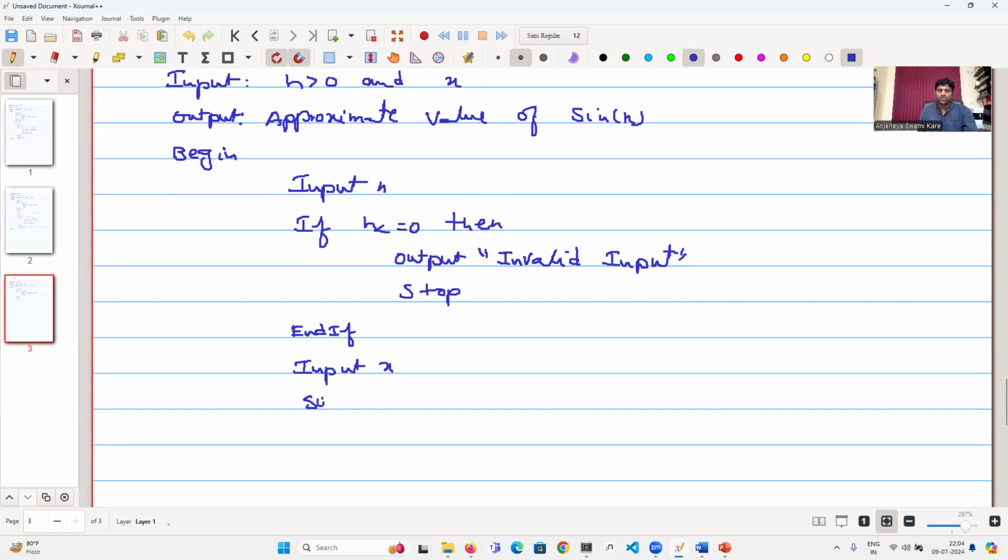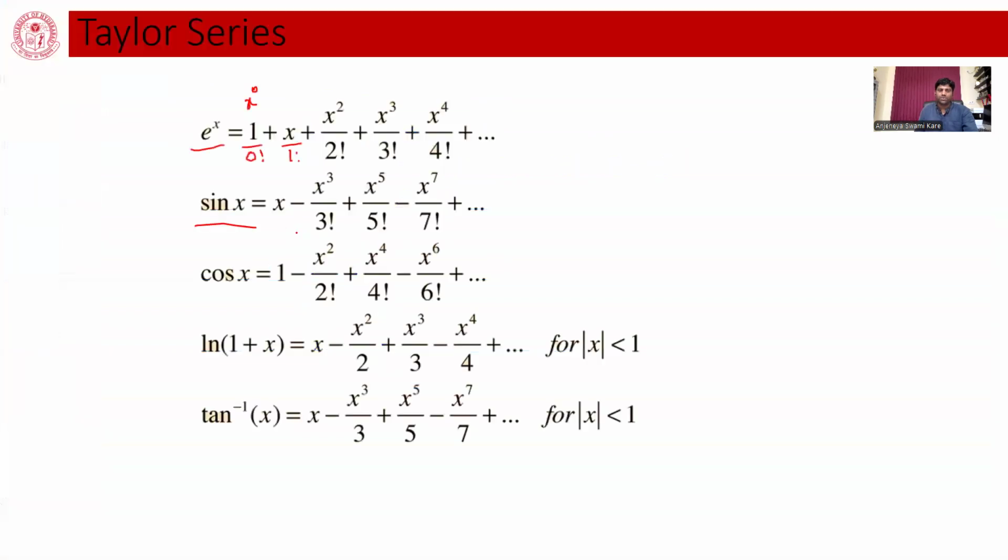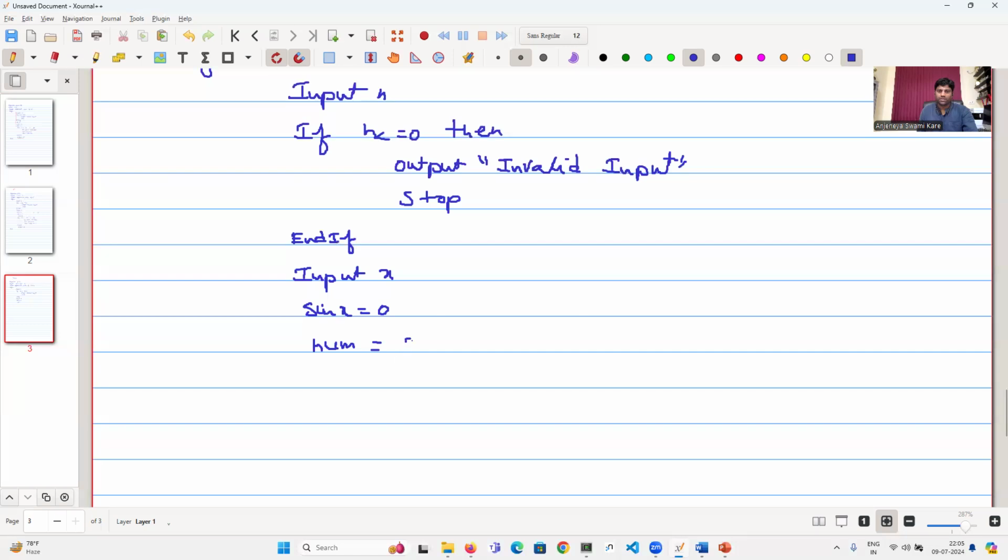sin x is equal to 0. The initial value of sin x is 0. What is the initial value of the numerator? Numerator is equal to x. Denominator is equal to 1, right?